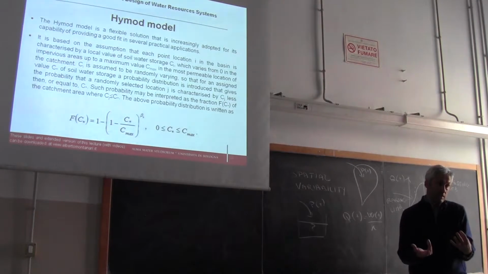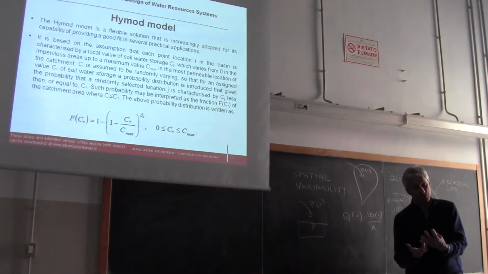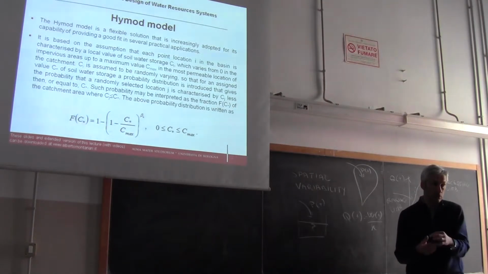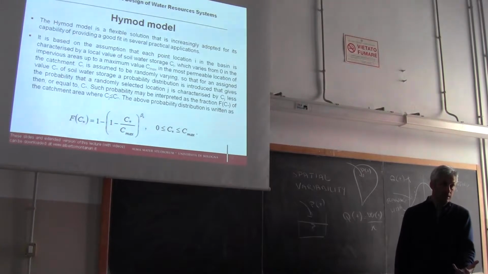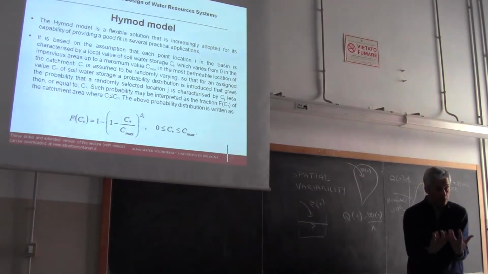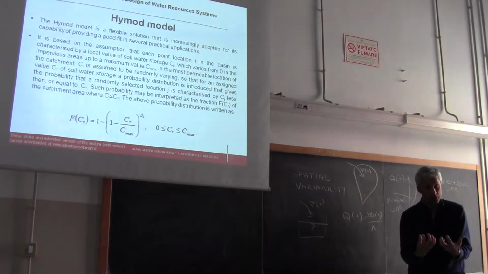And when is an area absorbing rainfall? When infiltration is higher than rainfall. So everything that falls over the catchment in terms of water is absorbed by the soil through infiltration, which means that the soil is not saturated.